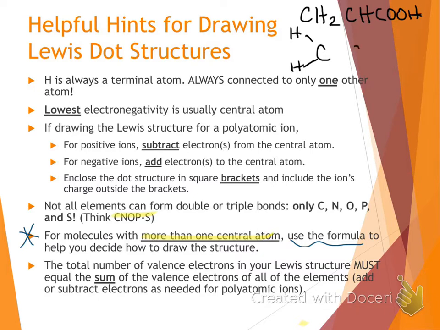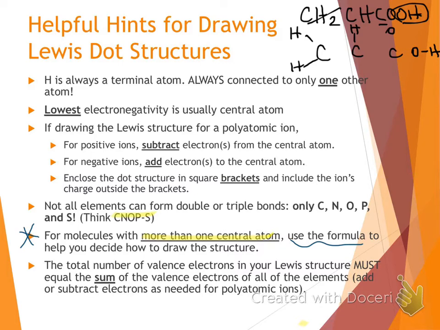We have a second carbon, but the second carbon only has 1 hydrogen attached to it. And then this third carbon has 2 oxygens and then a hydrogen as well. That hydrogen is actually coming off of our oxygen here, since it's going to need to be terminal.